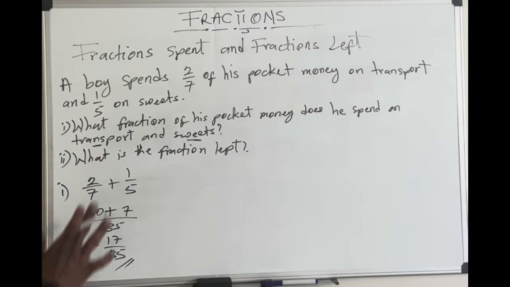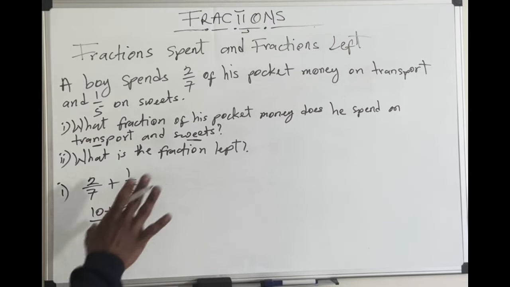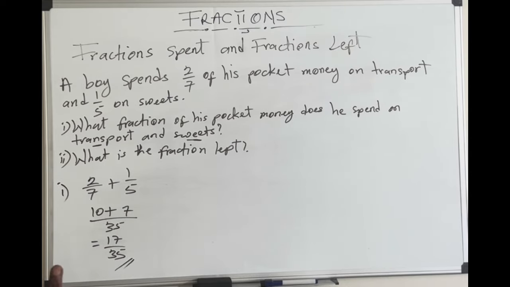What is the fraction left? We don't know the fraction that is left, but remember that we said we represent the total money, or total number, with what? 1, or 1 over 1.